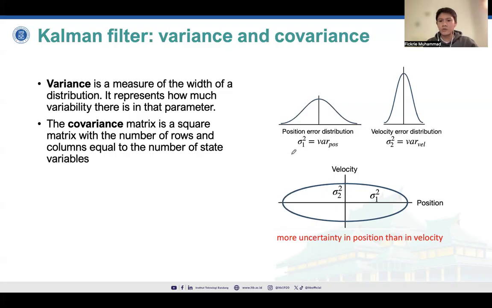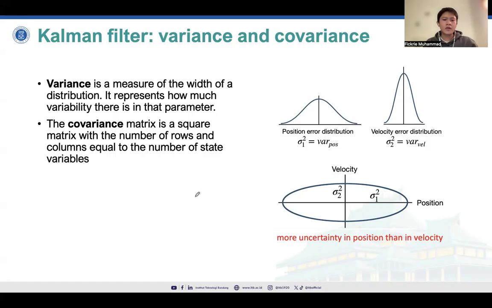The error distribution of velocity is more spread as compared with the positions, for example. And if we make it an ellipse, we'll see that the positions have a greater uncertainty in comparison to the velocity, because the position has a greater distribution, as we can see here.